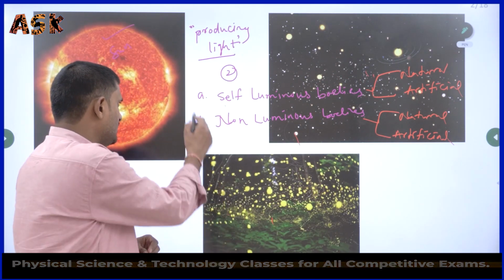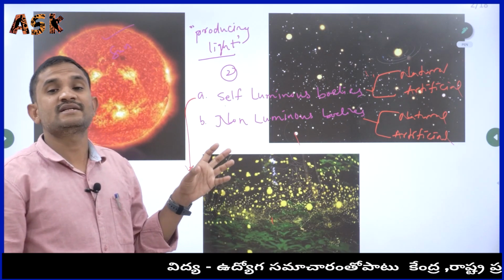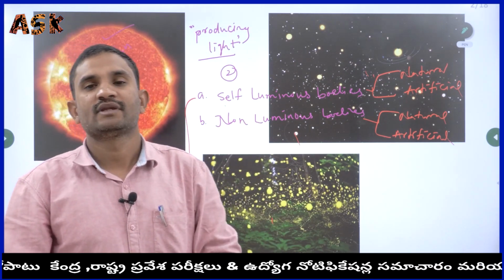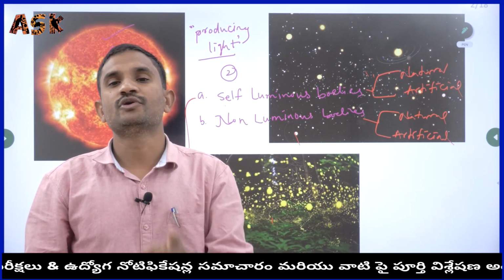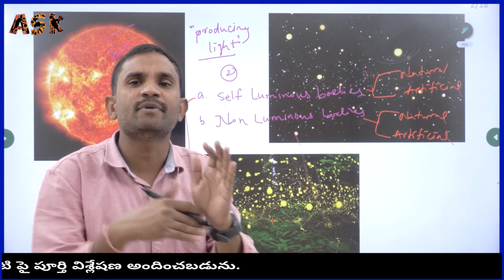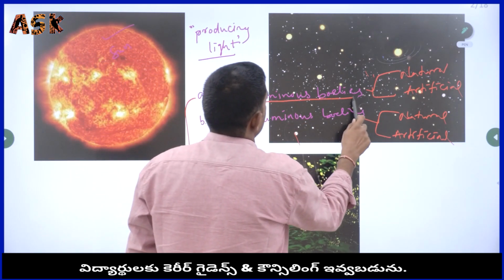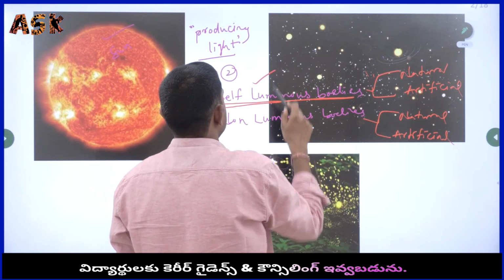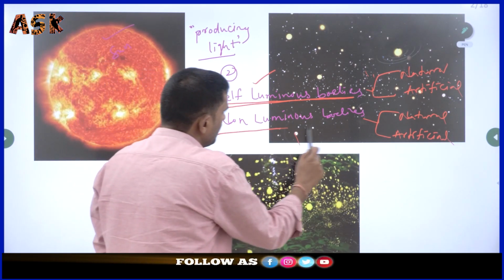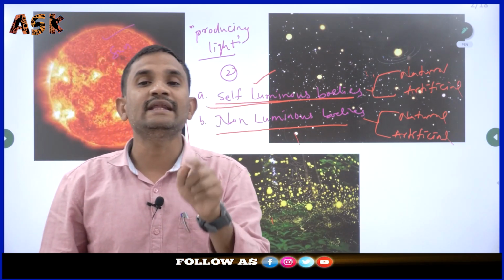Sir, what is meant by self-luminous bodies? These are the substances producing light by themselves only. They should not depend on others. That kind of substances we call self-luminous bodies. And non-luminous bodies, they do not produce light by themselves.